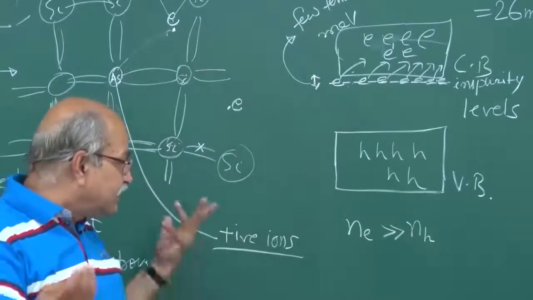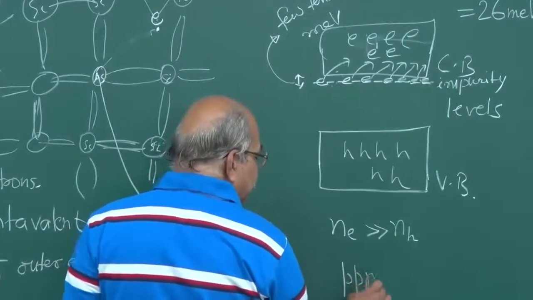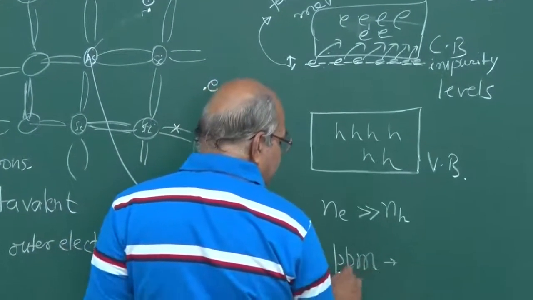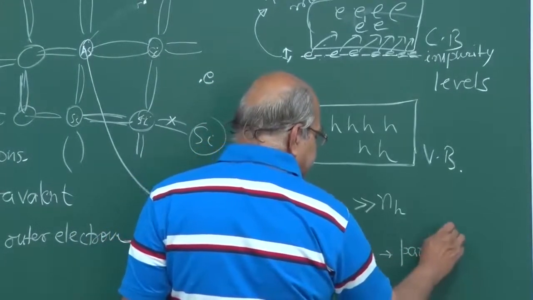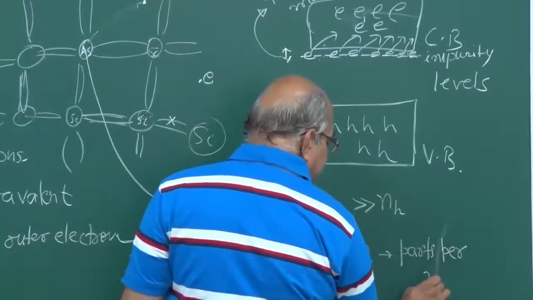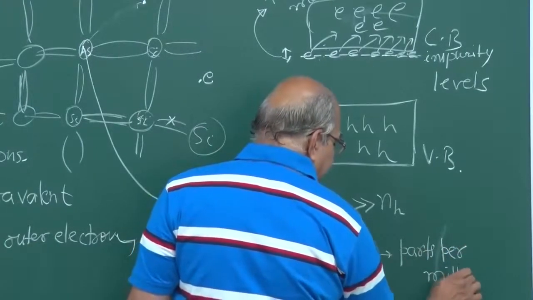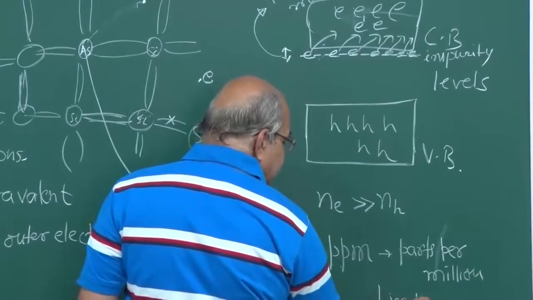Normally, let us say ppm type doping. What is ppm? Parts per million. Okay, parts per million, 1 in 10 to the power 6.